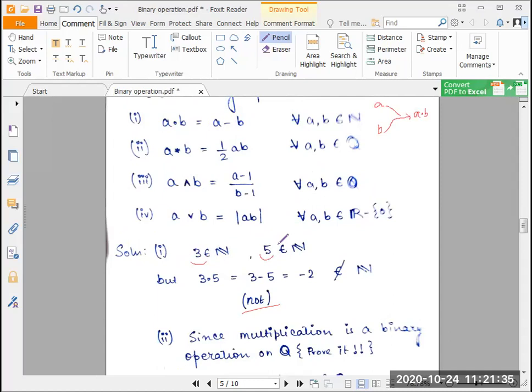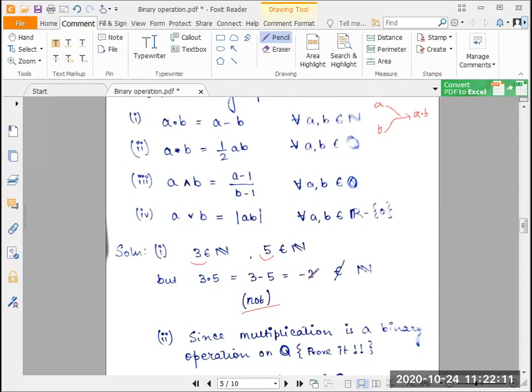Going back to the definition of the binary operation in the question, A dot B is A minus B. So they subtract the second number from the first number. Of course I can go the other way around as well, but in this case we take 3 as A and 5 as B. By definition, 3 dot 5 equals the first number minus the second number, which is 3 minus 5. That gives me minus 2.